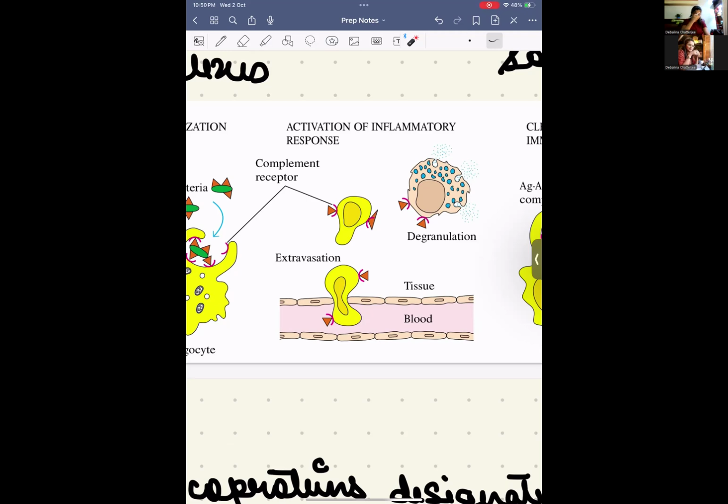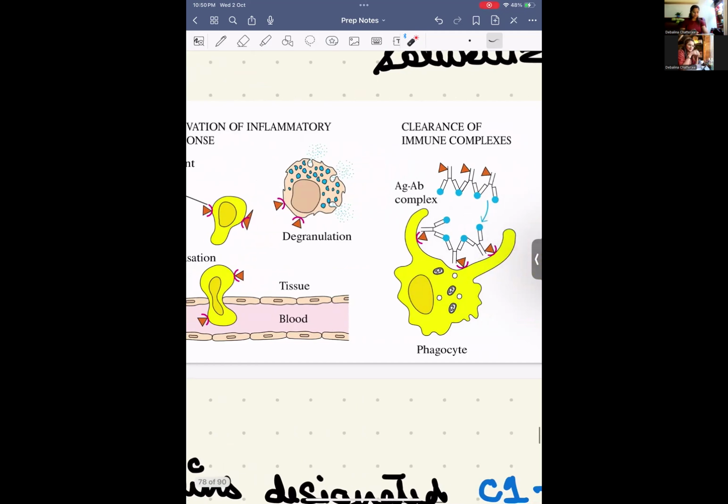They can also bring about, if there is binding of some complement proteins to the receptors present on the eosinophils or the basophils, degranulation of the granules present in these granulocytes, and a lot of lytic substances or enzymes can be released at the site of injury. So by the binding of complement proteins to receptors present on specific cell types, different inflammatory responses can be activated.